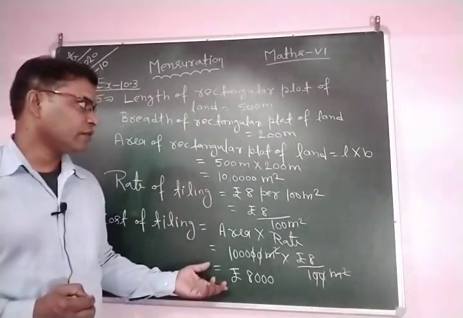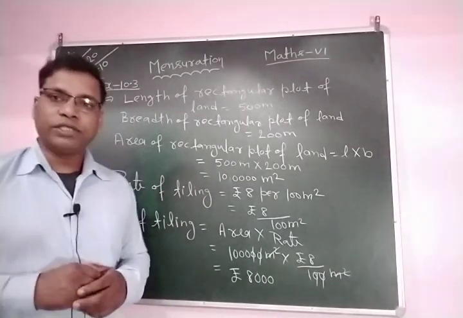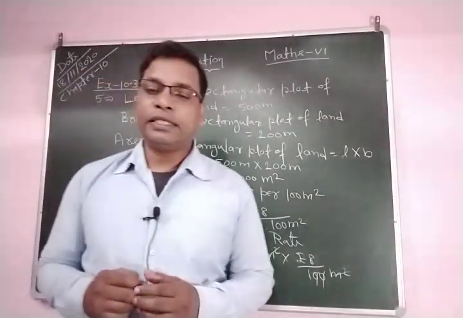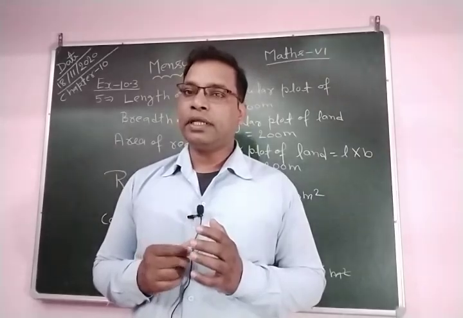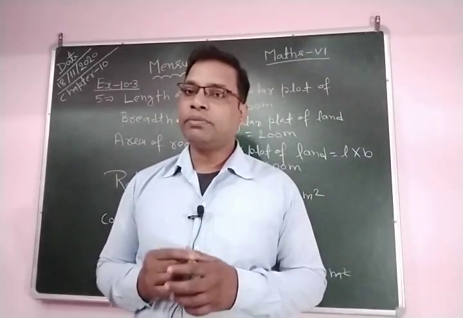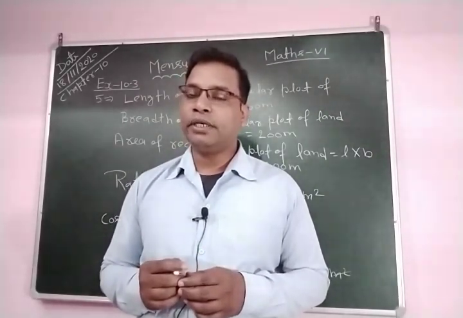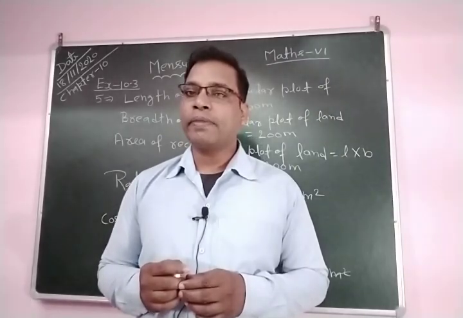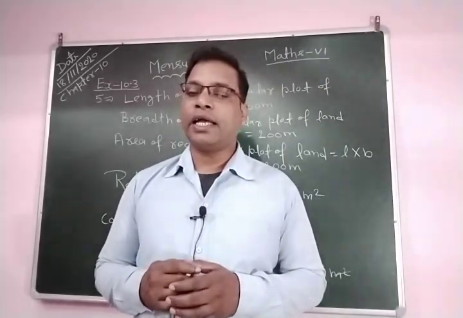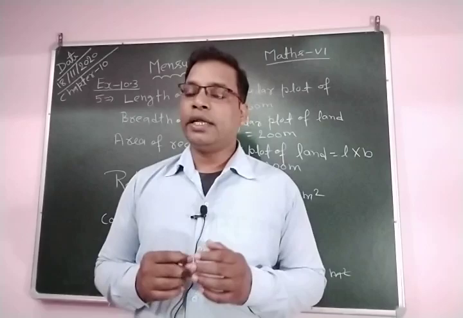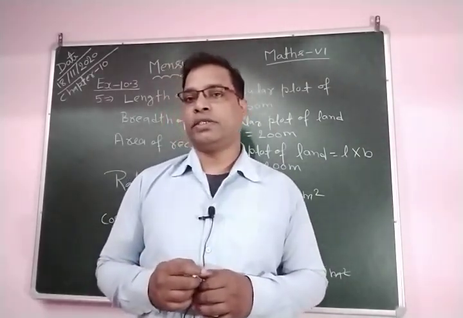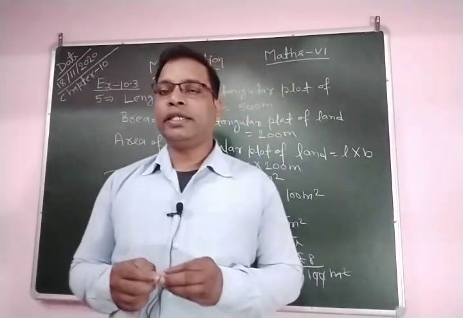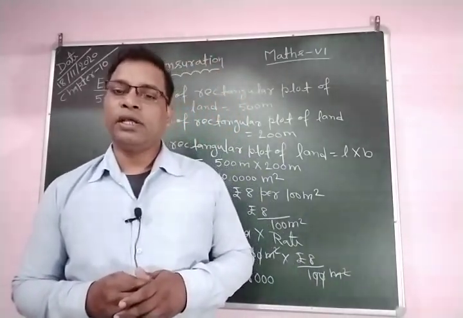Clear? Now you can see in this question, the length and the breadth of the rectangular plot of land are given as 500 meters and 200 meters. The rate of tiling is also given, rupees 8 per 100 meter squares, and you need to find the cost of tiling.